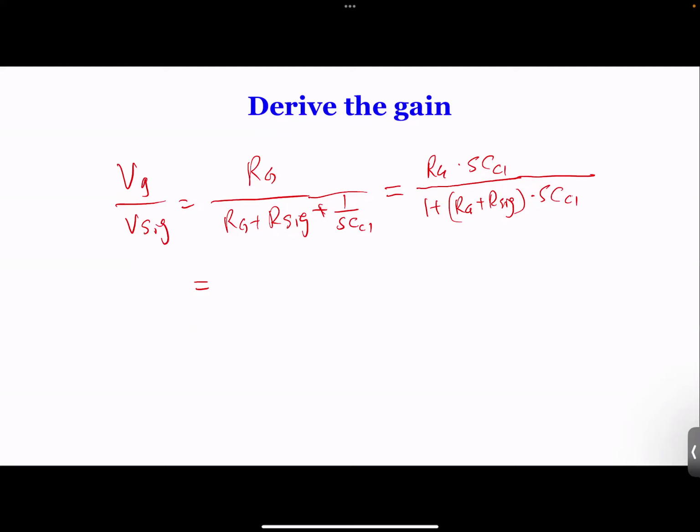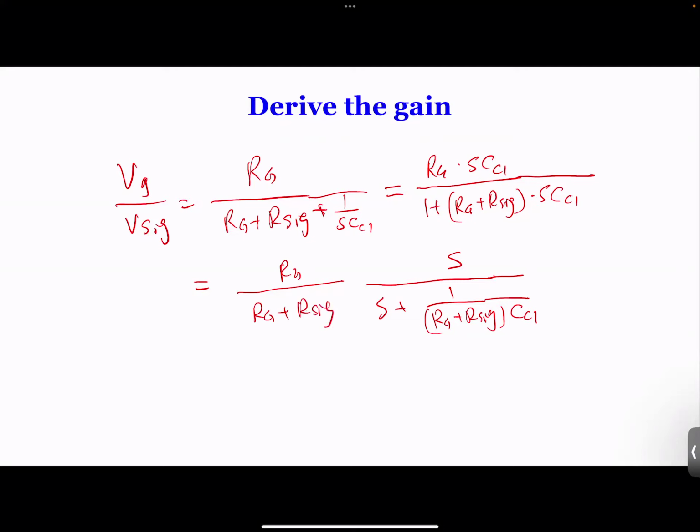In order to do that, we need to divide the bottom by RG plus RSIG, and so the bottom gets S plus 1 over RG plus RSIG CC1. And the numerator gets S, we divide by CC1, so this RG over RG plus RSIG. So we got this.